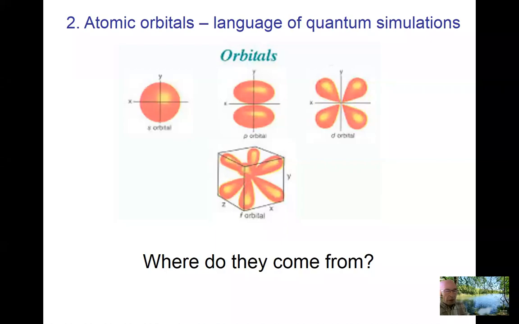Let us now talk about the orbital momentum in atoms. They give rise to familiar shapes of wave functions of atoms, which we all use in our discussions of chemical bonding.